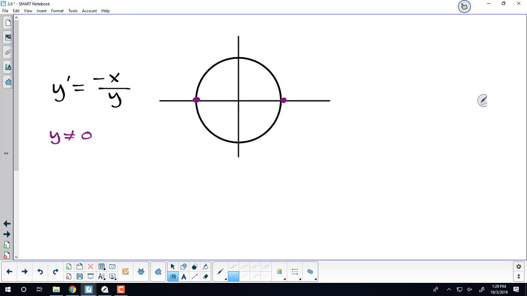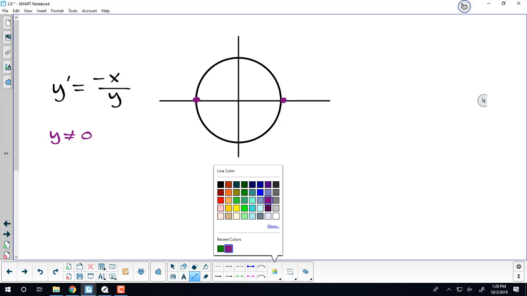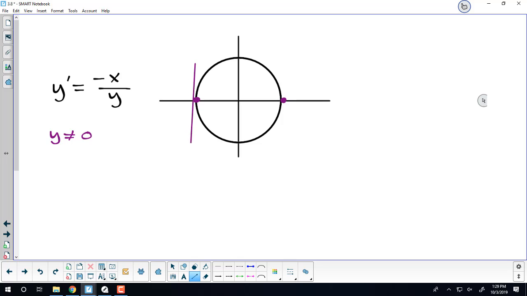Because if the y value is 0, which it is at those 2 points, then you have an undefined slope. More particularly, the slope is becoming more and more vertical. So in that sense, we have vertical tangents.